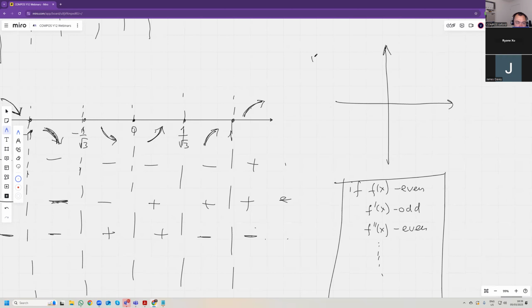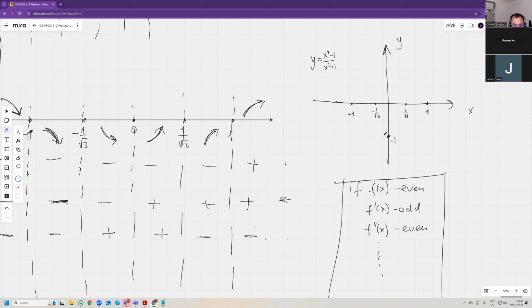So just y equals x squared minus 1 over x squared plus 1. So 0, minus 1. Let's do it quite pronounced. Minus 1, plus 1, minus 1, 1 over root 3, minus 1 over root 3. So these are the zeros.